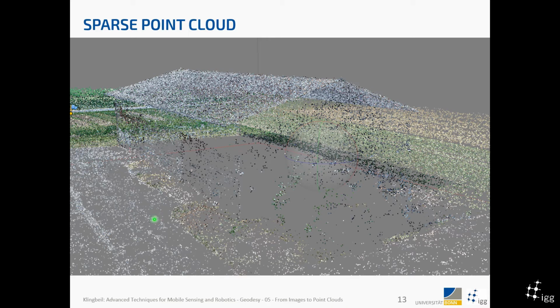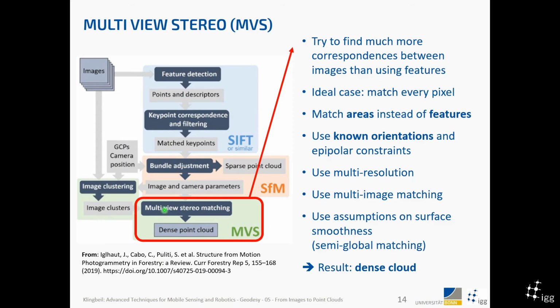So there is an extra step now to make this point cloud denser, and this is called multi-view stereo. The goal here is to try to find many more correspondences between images than just using features. These features find distinct points, and we now want much more correspondences between the images so that we can make our point cloud much denser.